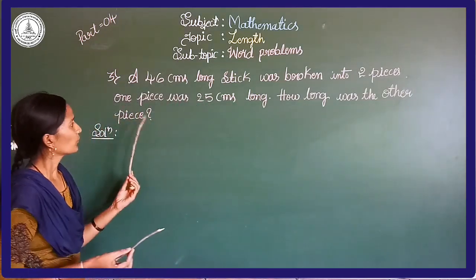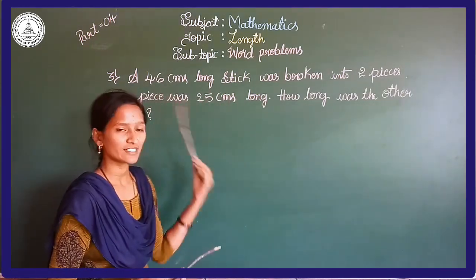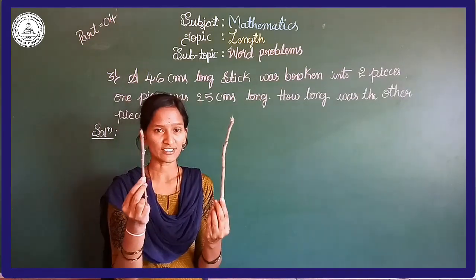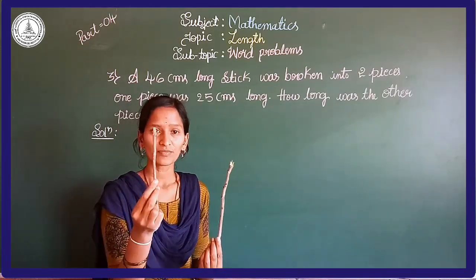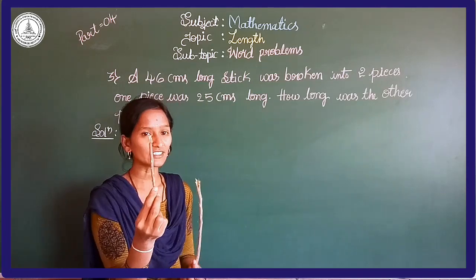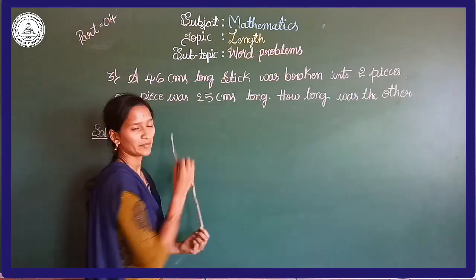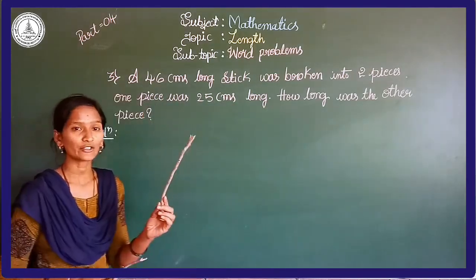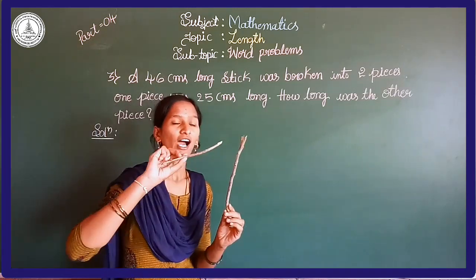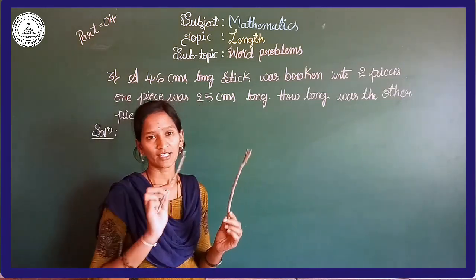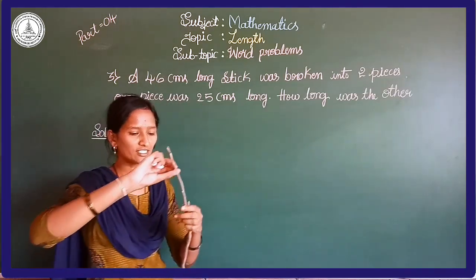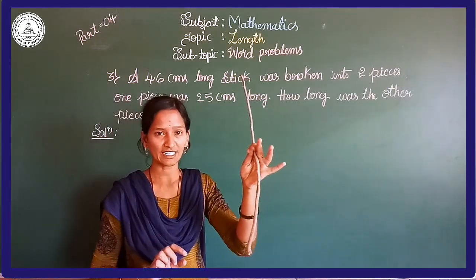Next, one piece was 25 centimeters. The length of this piece is 25 centimeters. Right? Now you have to find out the length of the other piece. See here, at first this is one complete stick, right?